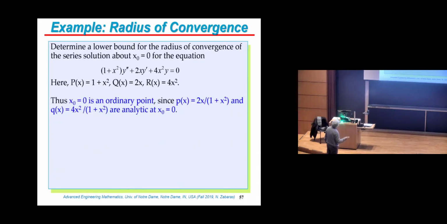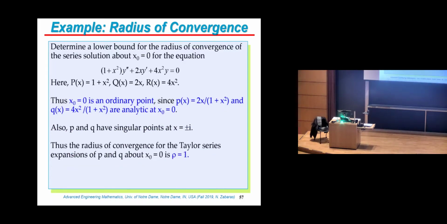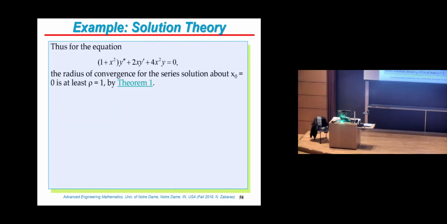Remember, find the roots of the denominators of little p and q, see where they get to 0, and find the distance of x0 from those roots. What is that distance? We have already seen this example. What's the distance of x0 equal to 0 from the roots of this? So 1. The radius of convergence of this equation is at least equal to 1.